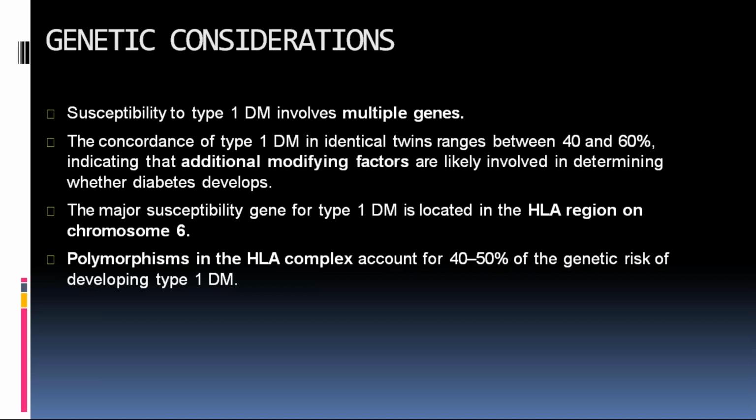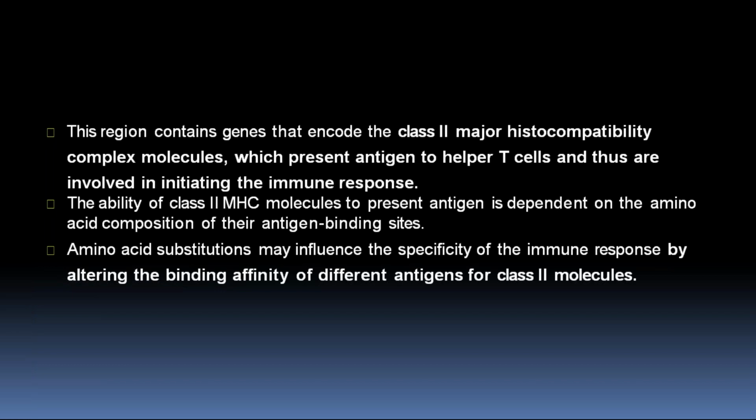The major susceptibility gene for type 1 diabetes is located in the HLA region on chromosome 6, and polymorphisms in the HLA complex account for 40 to 50% of the genetic risk of developing type 1 diabetes mellitus. This region contains genes that encode the class 2 major histocompatibility complex molecules, which present antigen to the helper T cells and thus are involved in initiating the immune response.